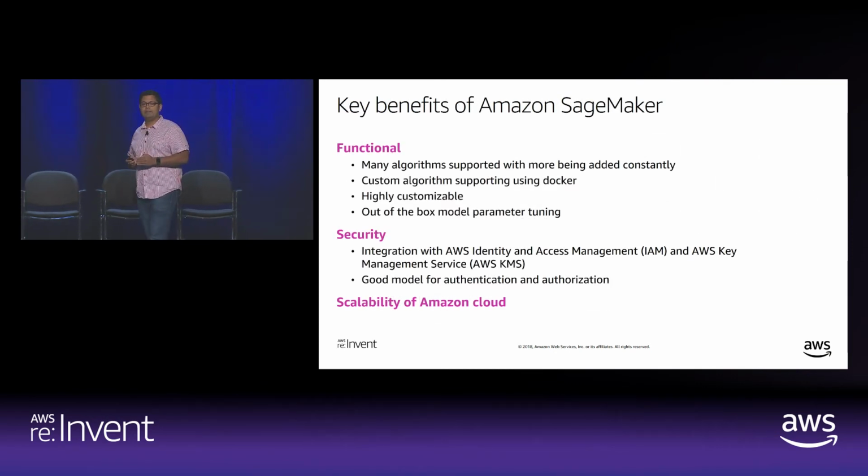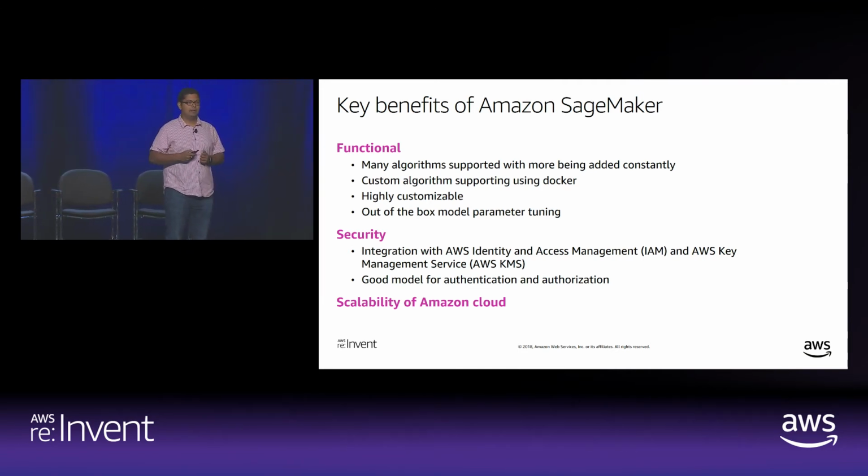Okay? So the key benefits of Amazon SageMaker, as we've seen them, is this: a lot of algorithms are being supported, and new ones keep getting added all the time. We originally had our own framework, which was more homegrown and built in-house, but it doesn't scale well when you want to keep adding new things.